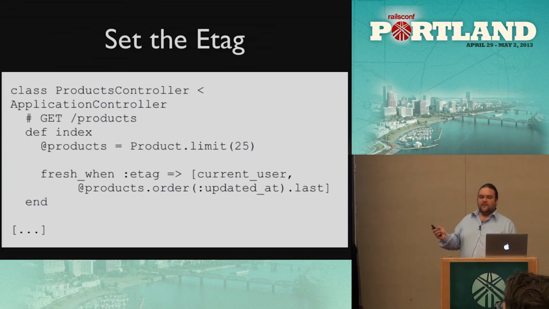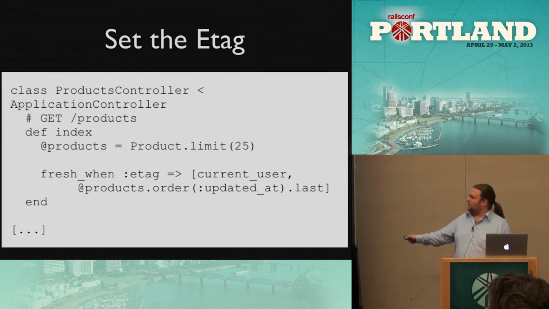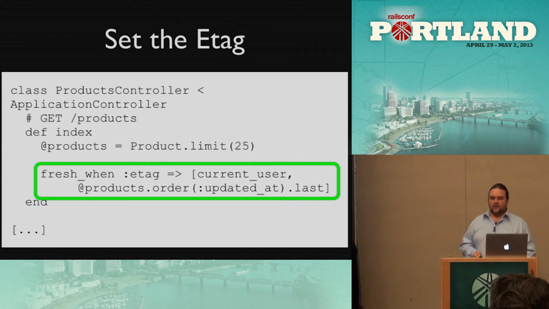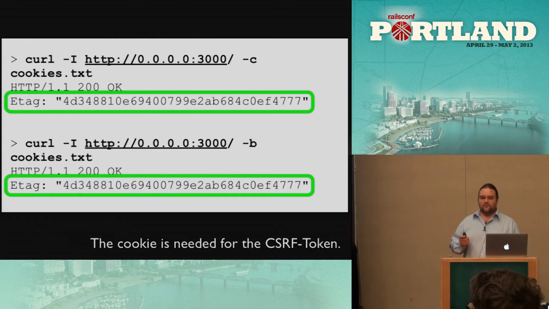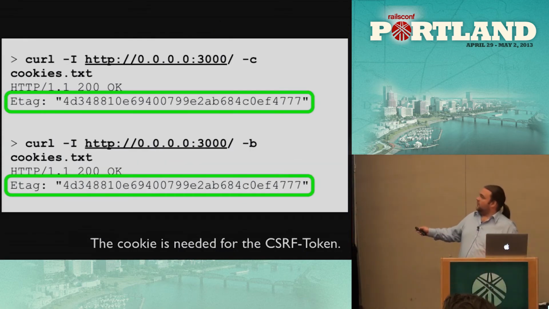If I set the ETag in the controller, which I can do for a user, and then here I say, give me the latest updated product, and both the current user and that latest updated product give me the ETag here, then when I download the page again, you see I get the same ETag here.